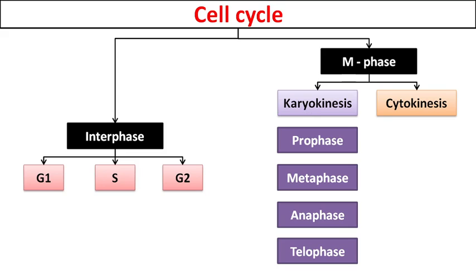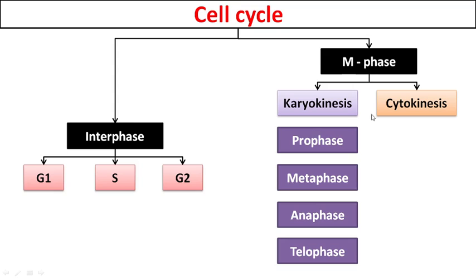So what is this karyo? Wherever you hear this word karyo linked to any word, it means something related to the nucleus. So what is happening here? There is the nucleus dividing. So division of the nucleus is called karyokinesis. And then there is division of the cytoplasm and all of its contents, which is called cytokinesis.